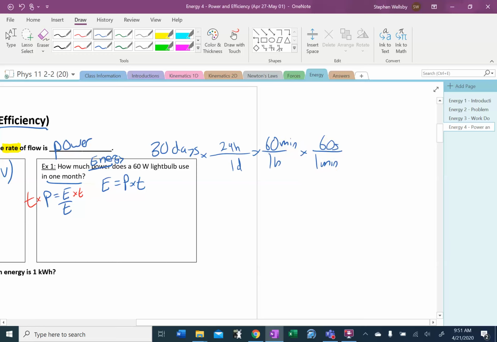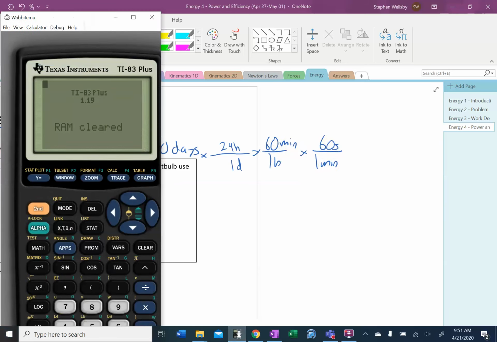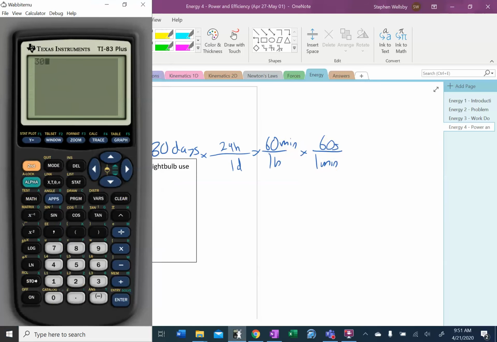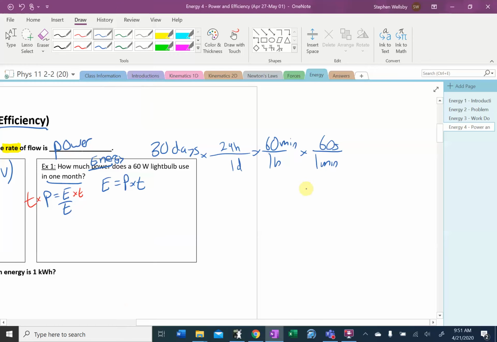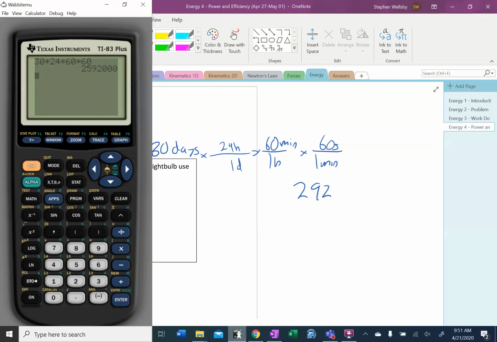So that's how we would calculate that. We're going to take it and go 30 times 24 times 60 times 60. And that's going to give us 2,592,000.